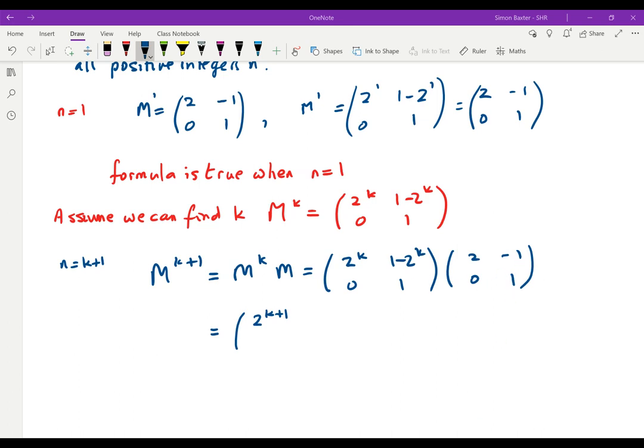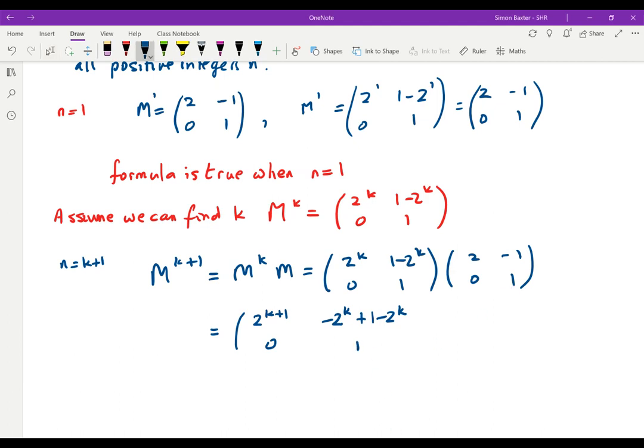Well, let's just write that out. Minus 2 to the k plus 1 minus 2 to the k. And then in the next bit, we get 0, 1 times 2, 0 is 0. And in the last bit, we get 0, 1 times minus 1, 1 is just 1.